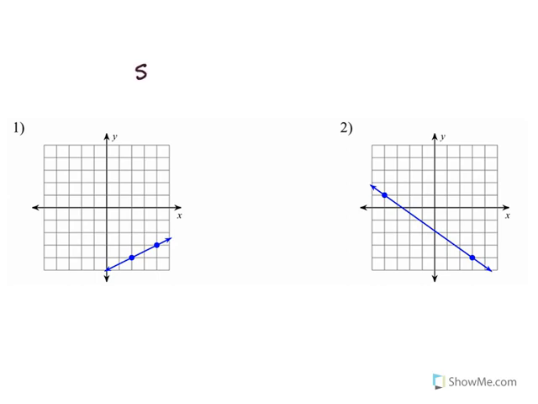Remember that slope is usually denoted with an M in math, and slope is rise over run. Or we can also say the change in y over the change in x.